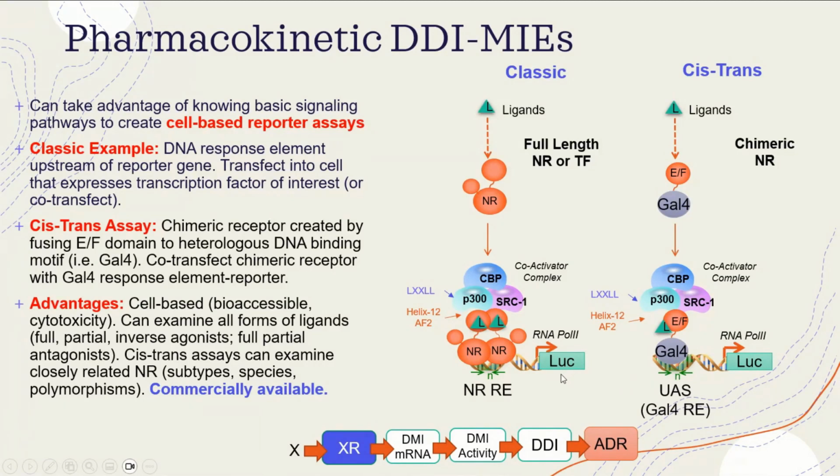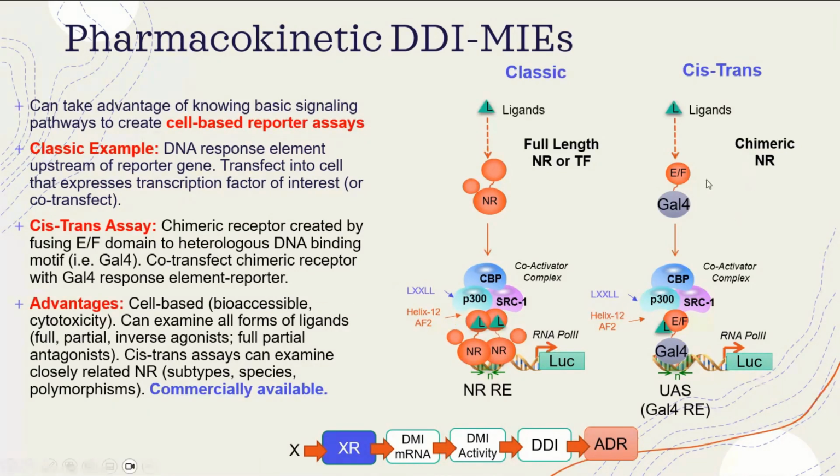So instead of looking at a target gene, we're introducing an artificial gene that's called a reporter gene. If we transfect in the receptor and an artificial gene that is driving a reporter gene, in our case, we use luciferase, the luciferase enzyme, you activate your receptor within this cell. It binds to DNA, recruits the transcriptional machinery to that plasmid, and it drives the expression of luciferase, which you can easily measure.